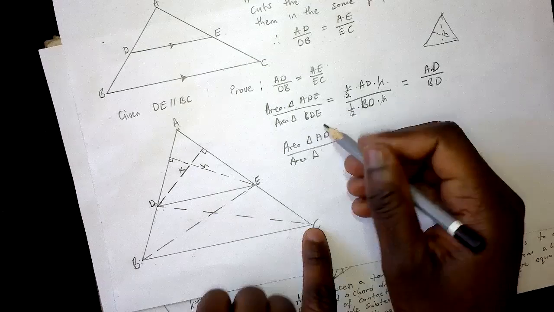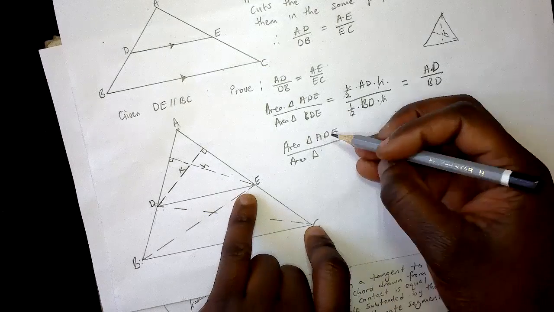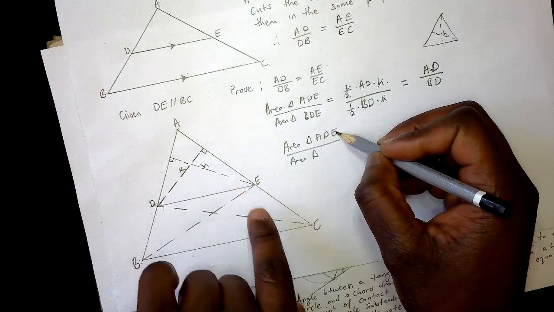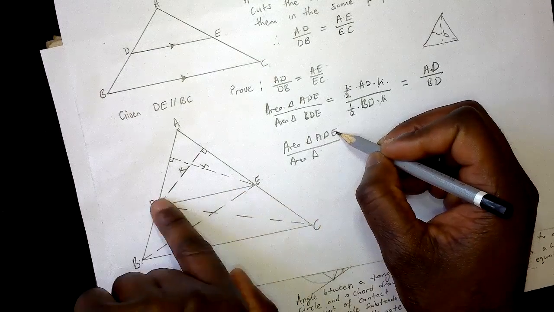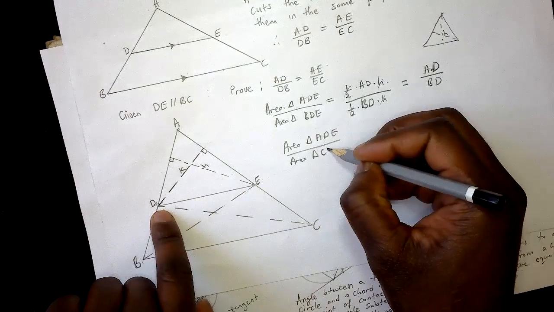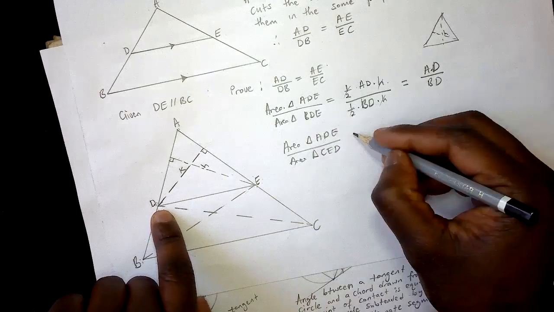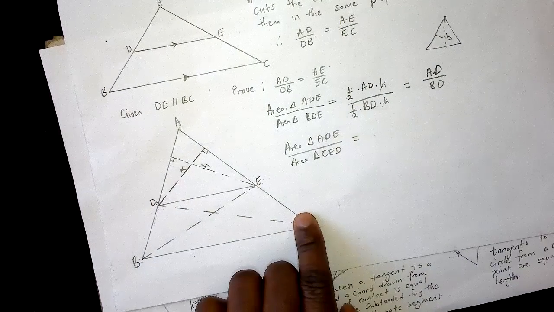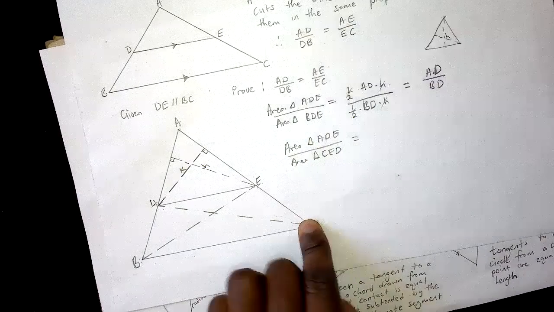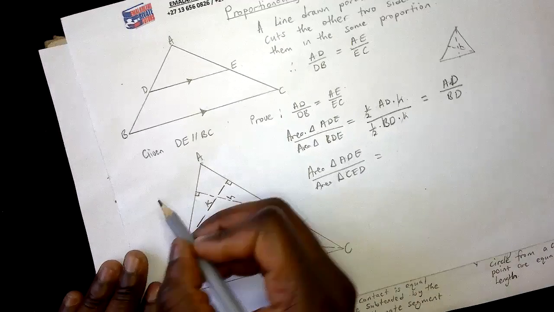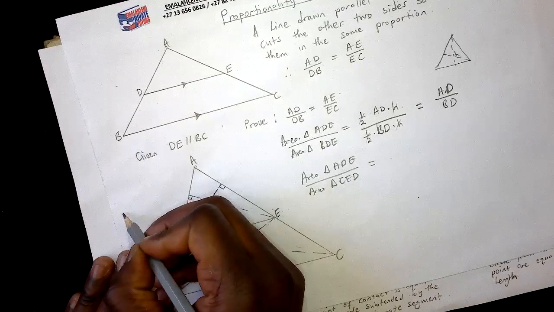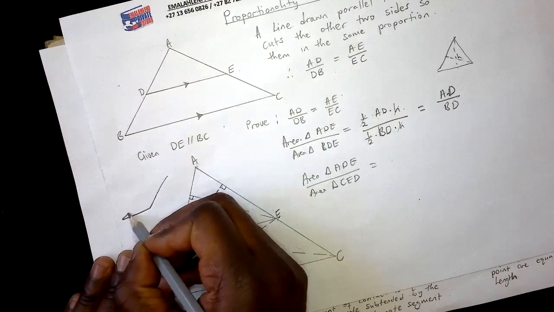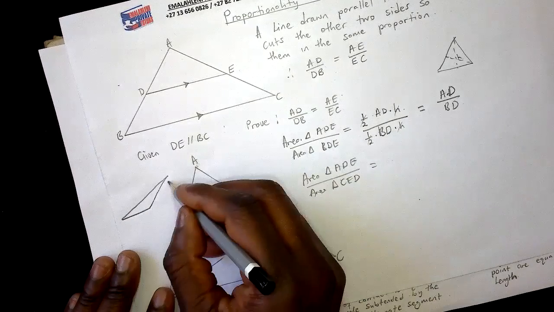Then we can also calculate area of triangle ADE over area of triangle CED. With this, we are looking at the height K. The height of this triangle here, because remember it's a right angle triangle, if we have a triangle like this, its height will be this.